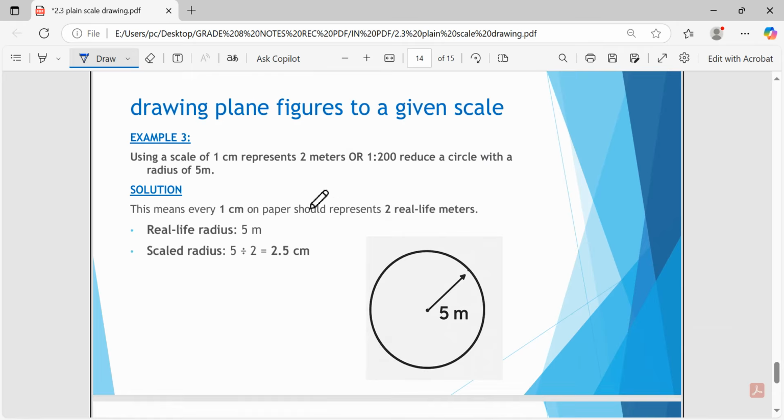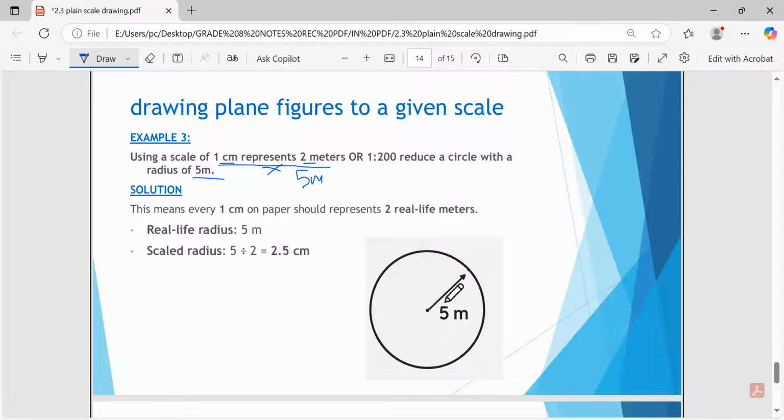For example, if you have a circle, you're told 1 centimeter represents 2 meters. Use this scale to draw a circle of radius 5 meters. So you say if 1 centimeter represents 2 meters, what about 5 meters? You cross multiply: 1 times 5 divided by 2. 5 divided by 2 is 2.5.